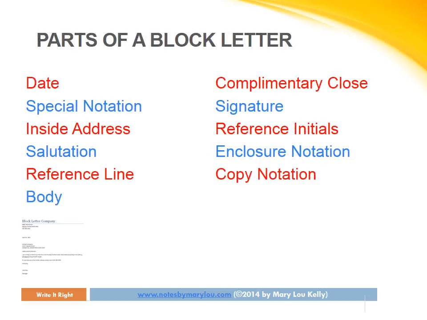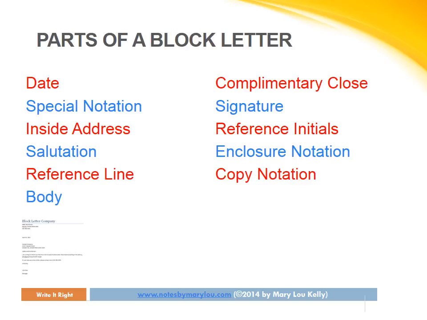The main parts of the block letter are the date, the special notation, the inside address, the salutation, the reference line, the body, the complimentary close, the signature line, and the reference initials, enclosure notations, and copy notations if there are any. All of these parts are not required in the block letter.